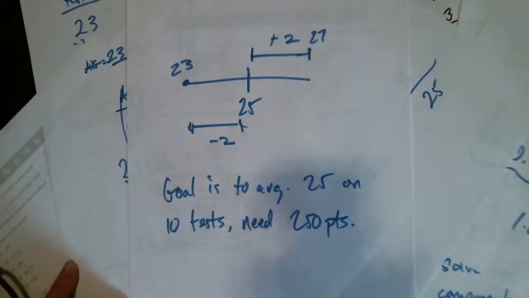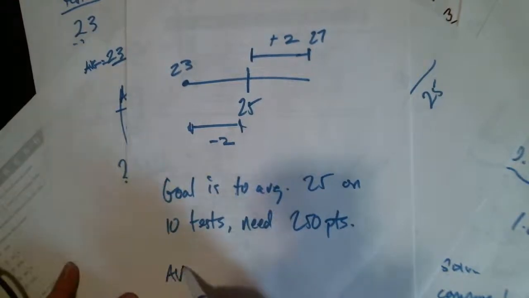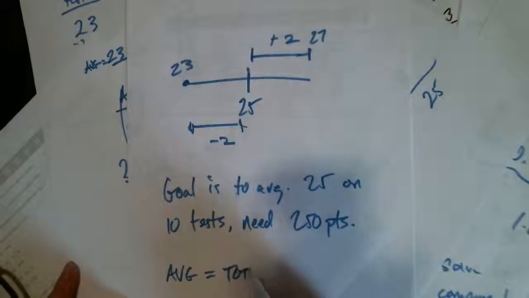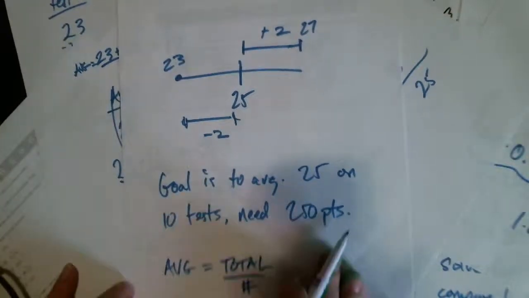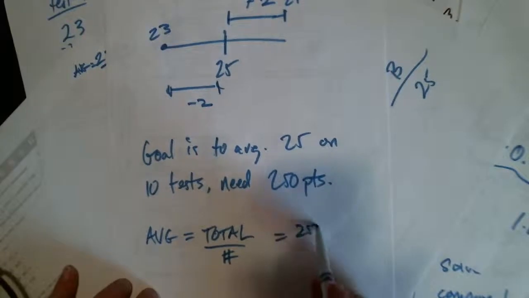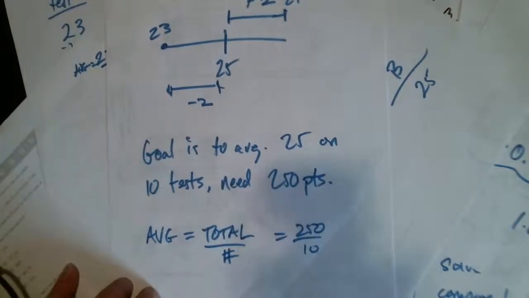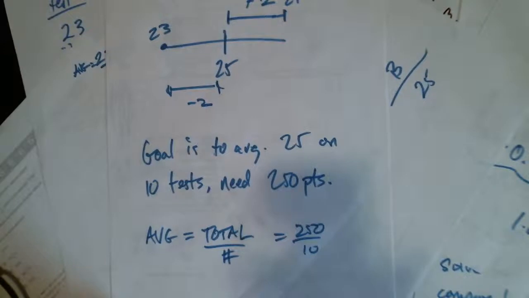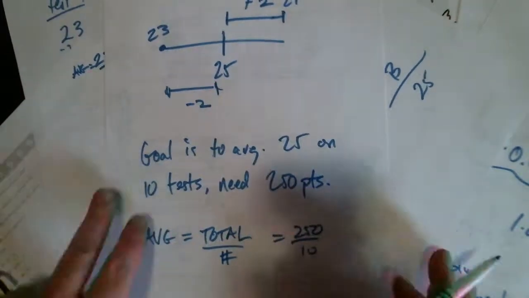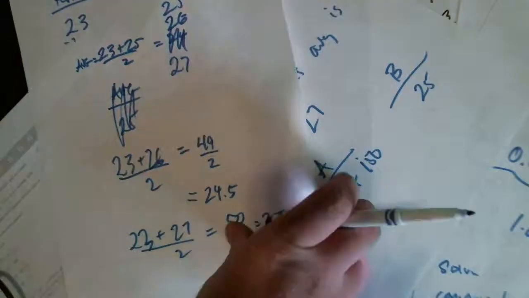Because in the end, your average is your total over the number. So as long as that total is 250, you're okay.